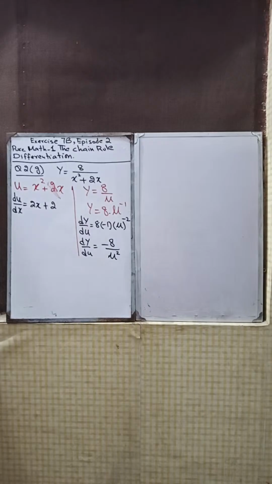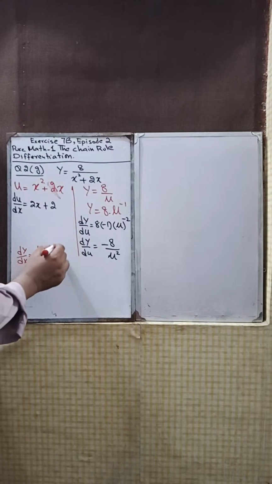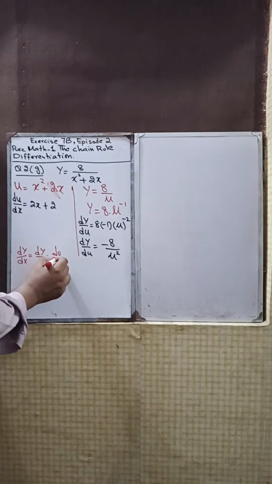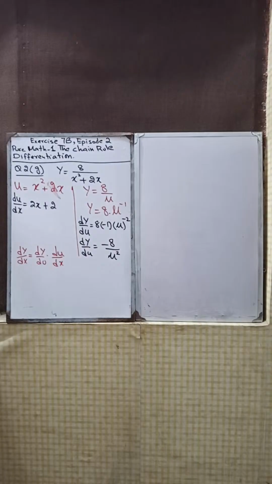Now I will apply the chain rule. The chain rule says that dy by dx is equal to dy by du into du by dx.